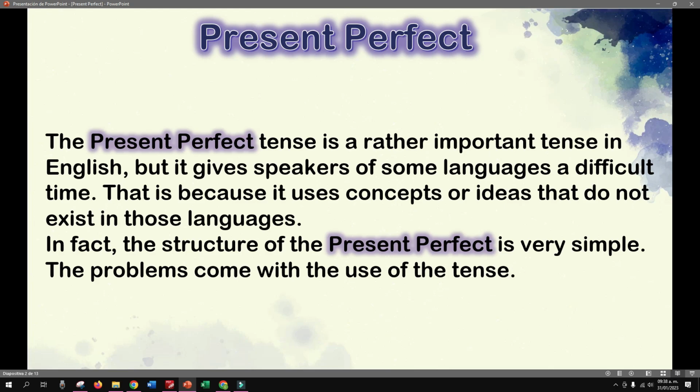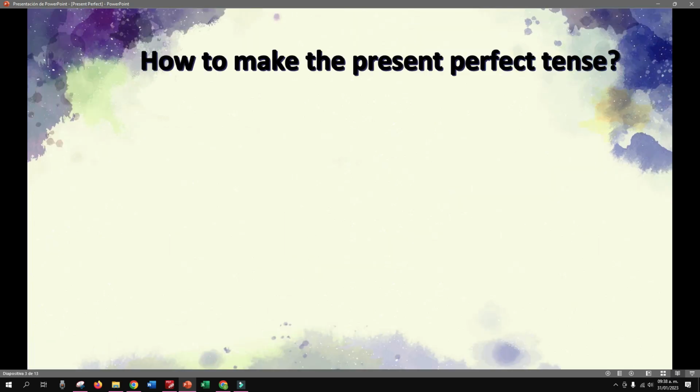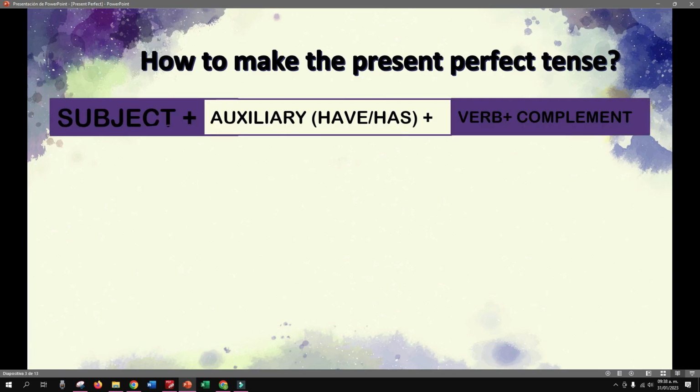I guess this is an easy topic, right? But it's a little bit tricky sometimes, so you must pay attention to the structure. There you have how to make the present perfect tense. Let's start with the affirmative form.